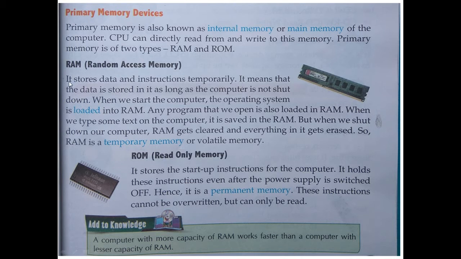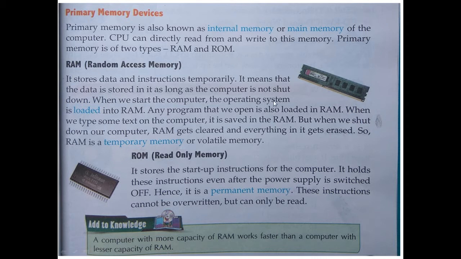So RAM stores data and instructions temporarily. It means the data is stored in it as long as the computer is not shut down. If you are using the computer and it is on, the data is there in its memory. If the computer gets shut down or there is a sudden power cut, your data will be lost.